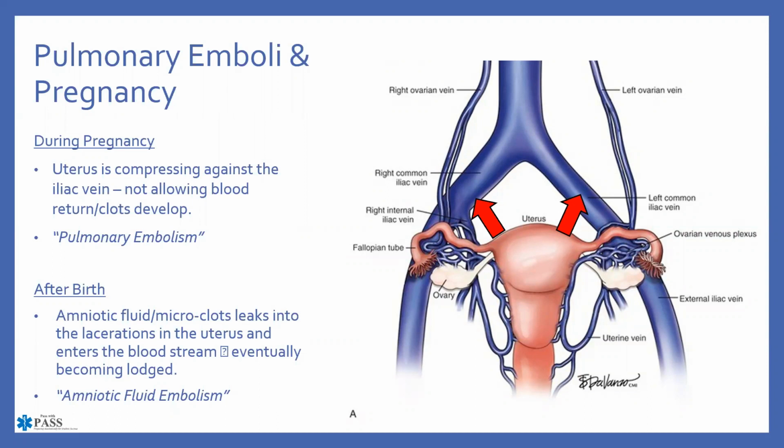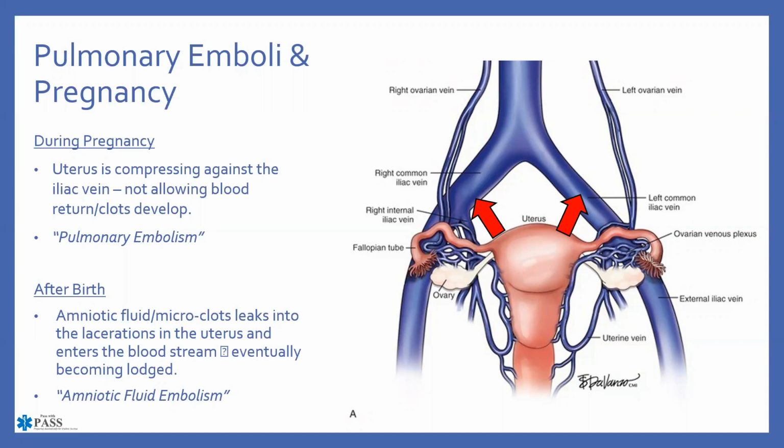After birth, on the other hand, and this is the one we've talked about a little bit, the amniotic fluid and microclots from some of the bleeding that will occur end up getting into the lacerations in the uterus that are there because of the simple process of birth. Eventually it makes its way into the bloodstream and back to the right side of the heart.